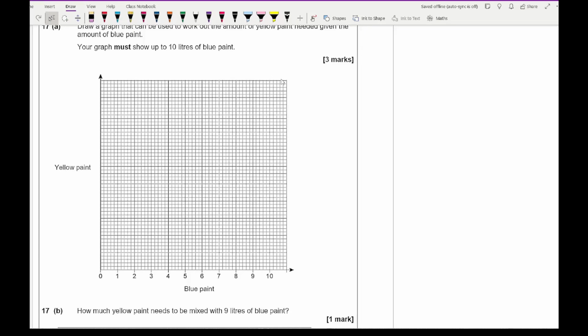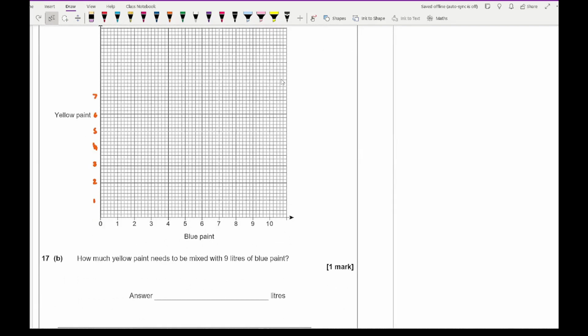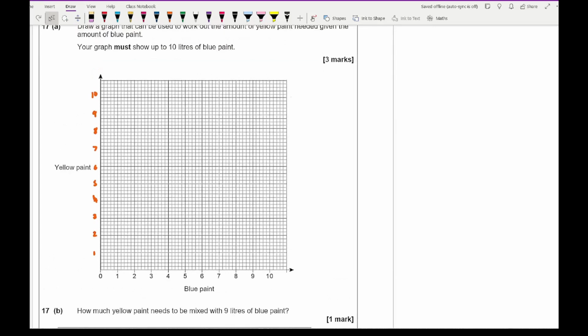So here for yellow, if we have the scale of 1, 2, 3, 4, 5, 6, 7, 8, 9, 10, going up like so. So for 2 to 1, then 4 to 2, 6 to 3, 8 is going to be 4, and 10 is going to be 5. So all I then need to do is draw a straight line going through each of those points and 0, 0. Let me just make that a little bit clearer, and that should be absolutely fine there.